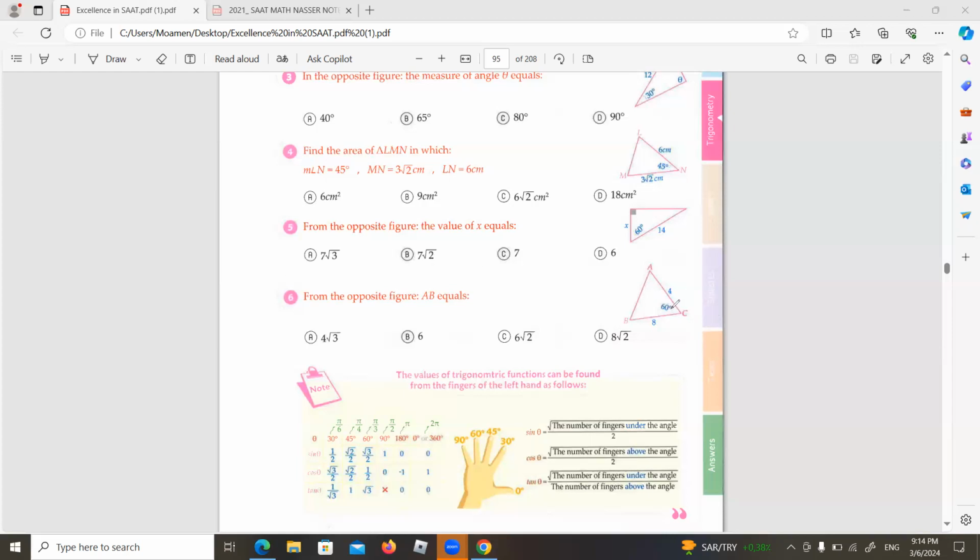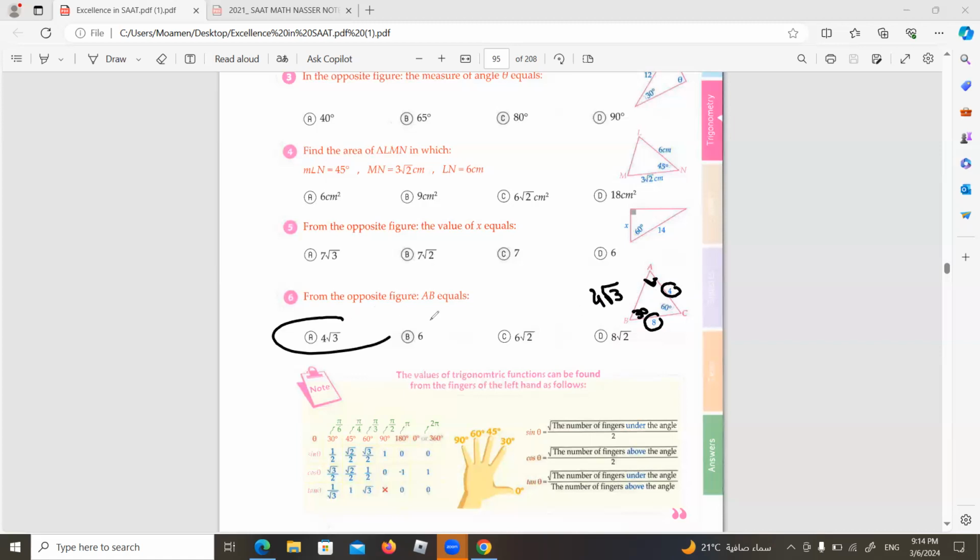This is 60, and this side is half of this side, so this angle is 90. And this angle is 30. The side opposite to the angle 60 is the side opposite to 30, just multiplied by root 3. We get the result.